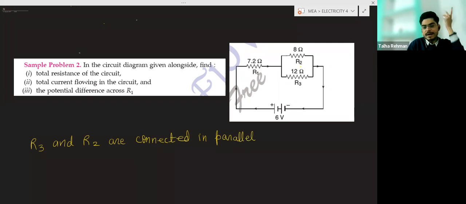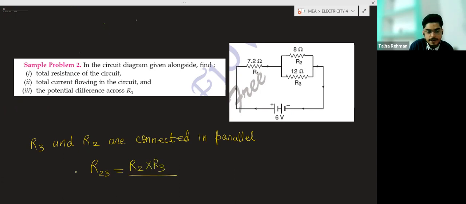If they are connected in parallel, we can find the equivalent resistance. The equivalent resistance of R3 and R2 I will represent with R23. It will be the product of the two resistances divided by the sum of the two resistances. So you can write R2 multiplied by R3 divided by R2 plus R3. R2 is 8, R3 is 12.